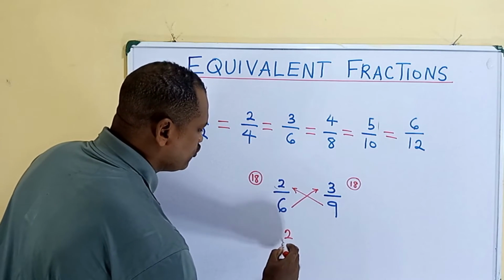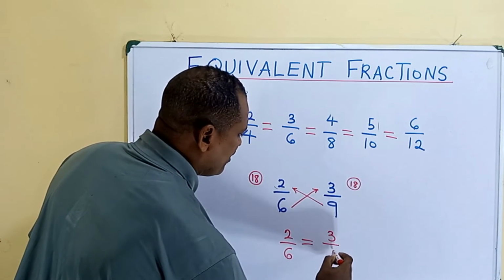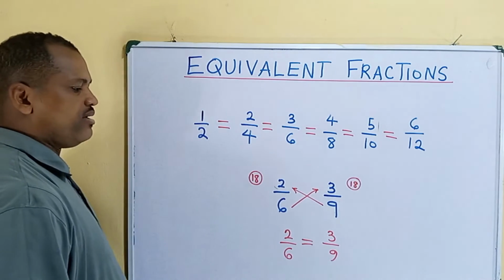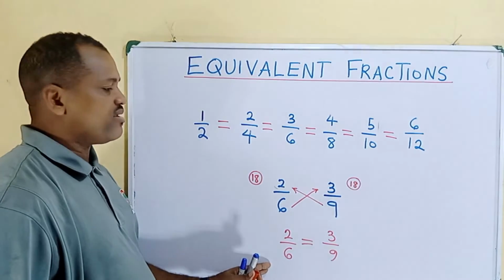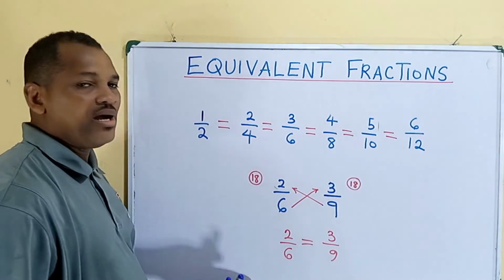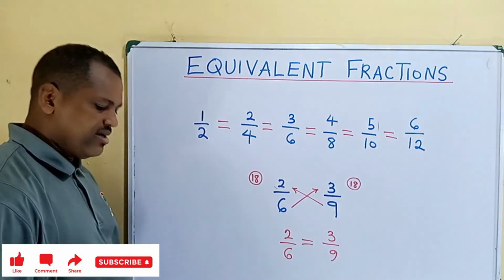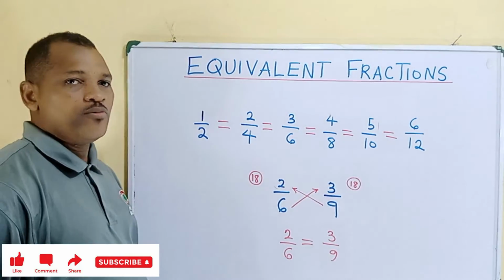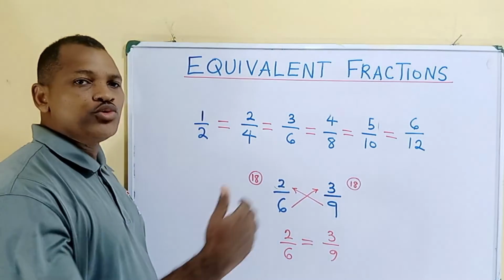So 2/6 is equal to 3/9. So this is how to tell if two fractions are equal. Just cross multiply.